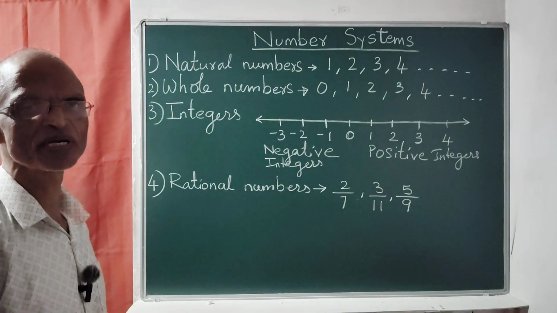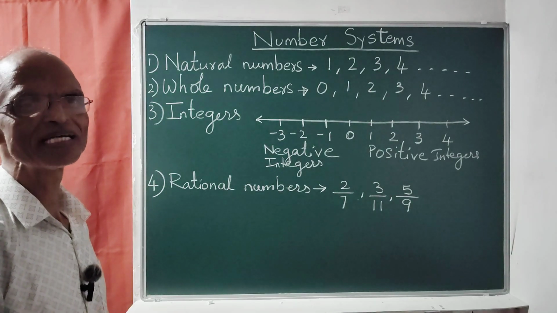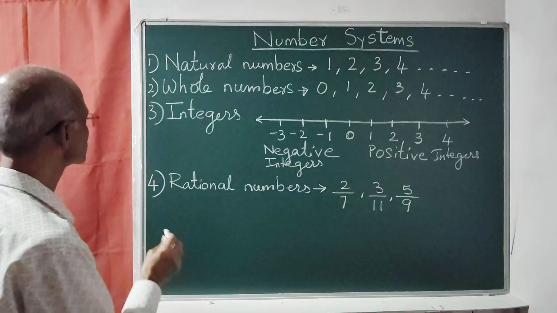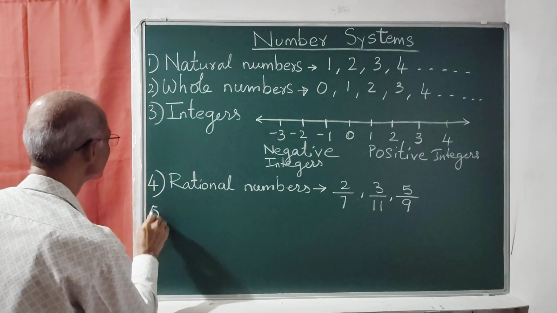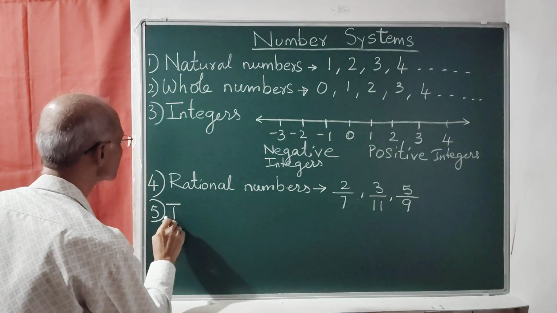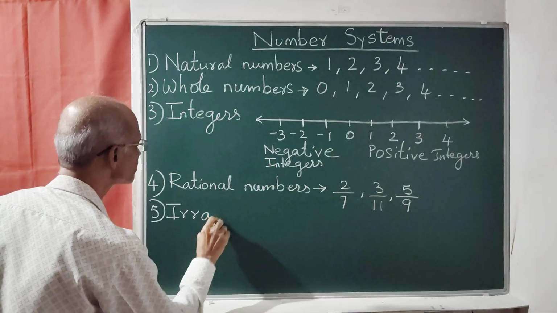The fifth system of numbers is called irrational numbers.